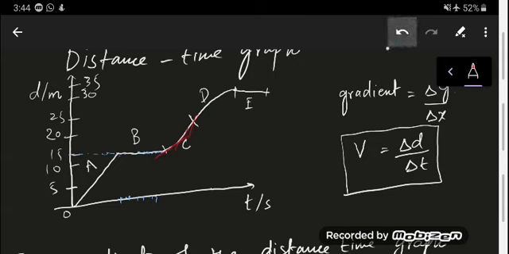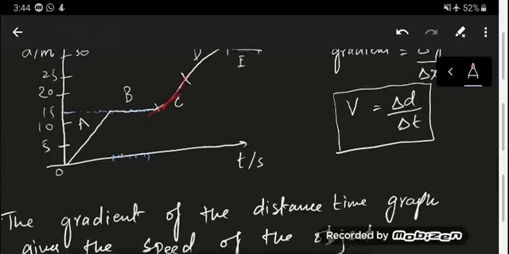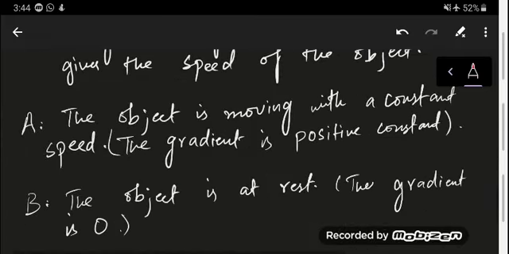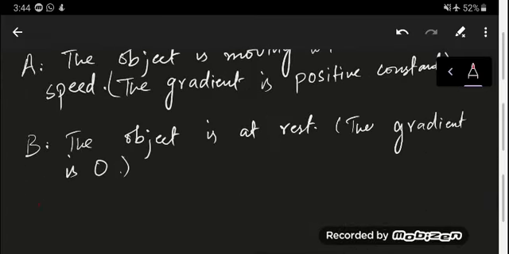There is an increase in the gradient, right? When there is an increase in the gradient, this means that the speed is increasing. Although the distance is increasing, it is increasing with an increasing rate. So at part C, the speed of the object is increasing.